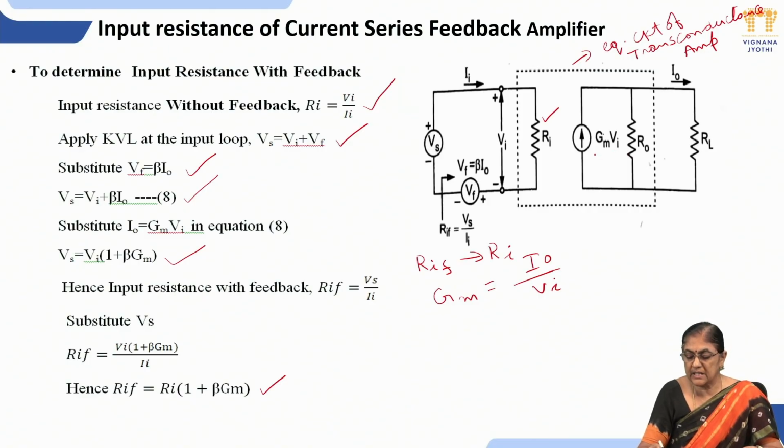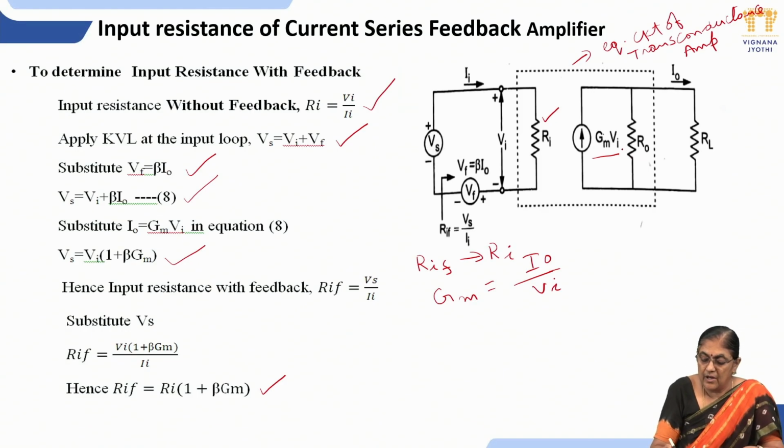Magnitude of the current source is GM into Vi, because transconductance GM is equal to I naught by Vi. So what is I naught? GM into Vi. Magnitude of this current source is GM into Vi in parallel with R0. R0 is output resistance without feedback.